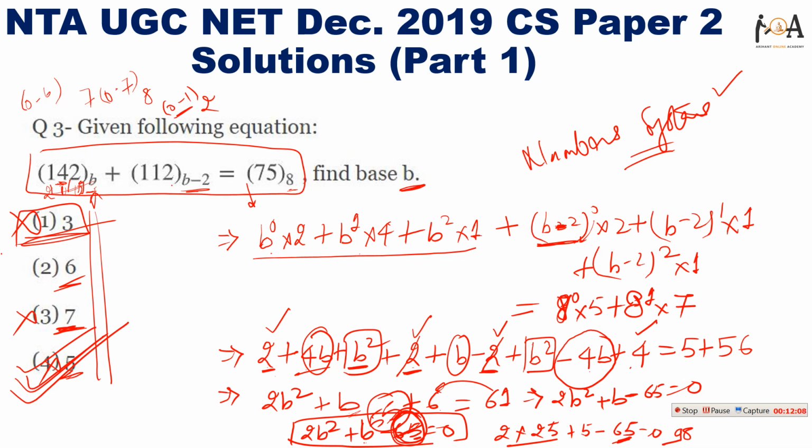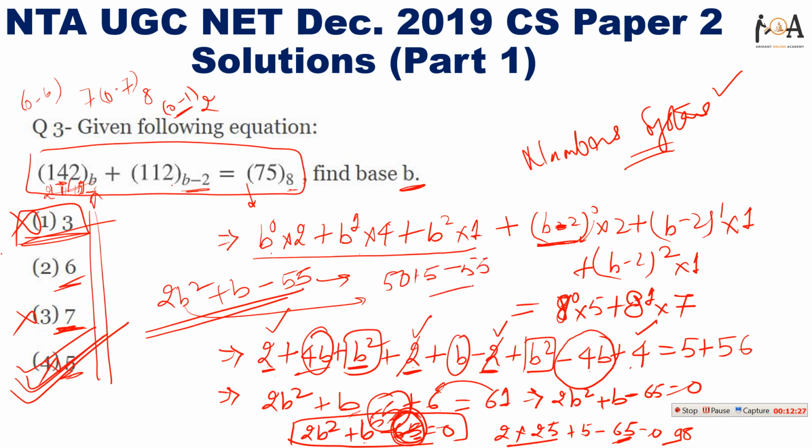As you know, our equation is 2b square plus b minus 55. That is why if you put 5 here, then it would be 50 plus 5 minus 55. It would be 0. So option 4 is the correct answer, right? So it's a calculation mistake. Due to the calculation mistake, we got stuck, but I hope you know this.